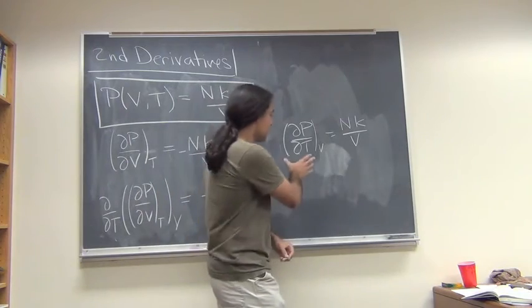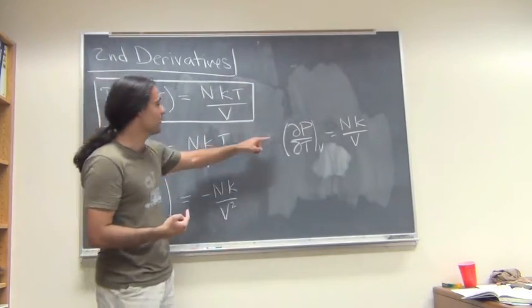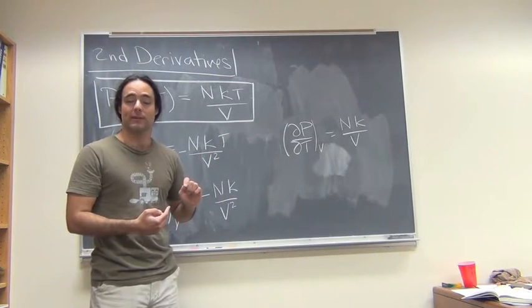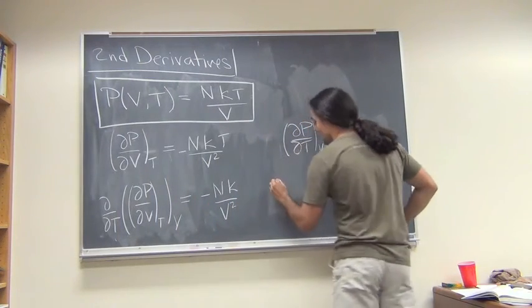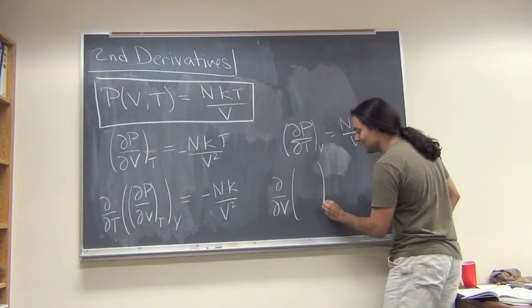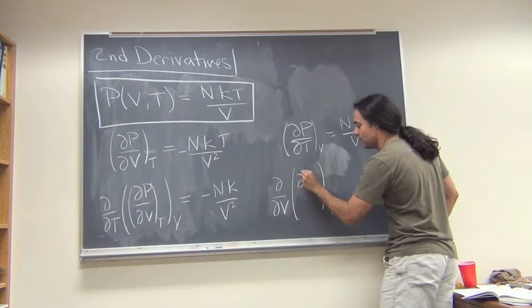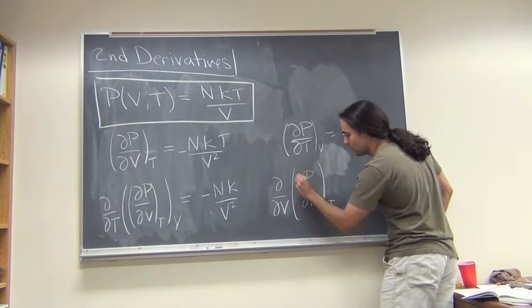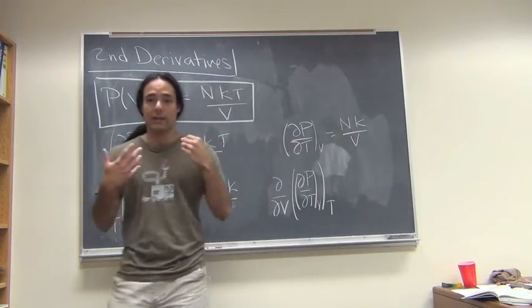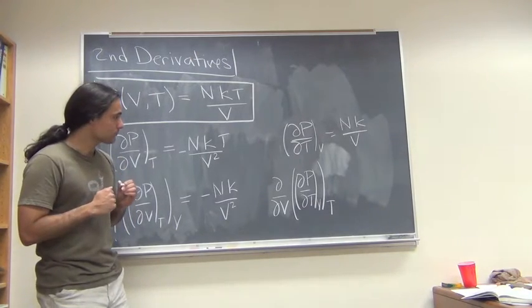Now, let's take this function. We're going to do that mixed second order derivative, which means I took a derivative with respect to T first, then I'm going to take a derivative with respect to V. So now, I'm going to take a derivative with respect to V, holding T constant, of this, dP/dT at constant V. All we're doing is taking derivatives of one variable holding the other variable constant.